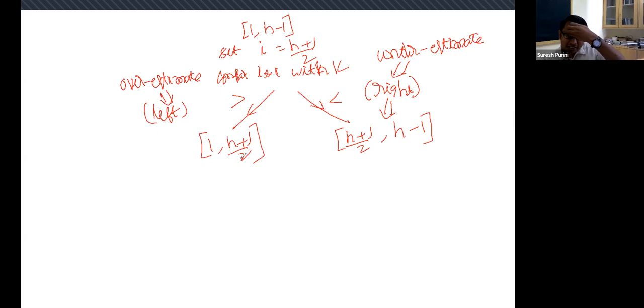Does this make sense? We start with an estimate of I, and we compare if it's exact. If so, we are great. Either we underestimate or we overestimate. If we underestimate, we appropriately modify our interval, and if we overestimate, we appropriately modify our interval. And then we again repeat.